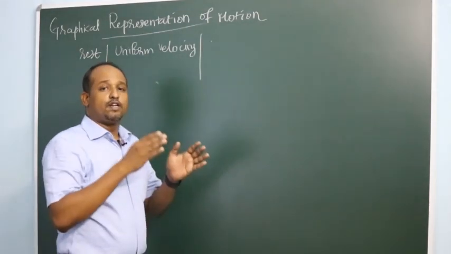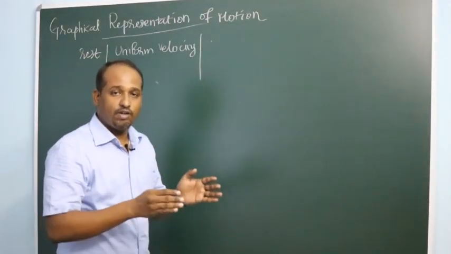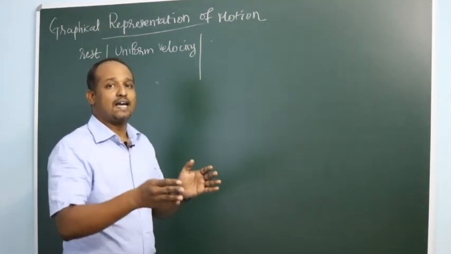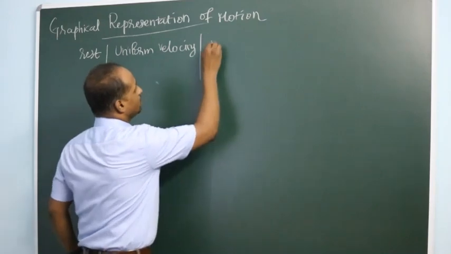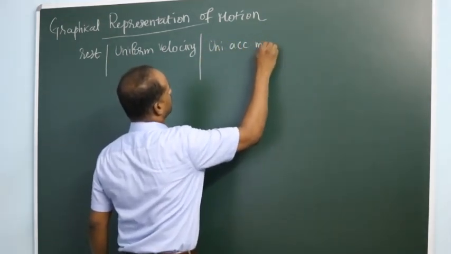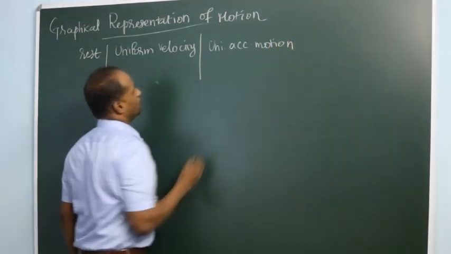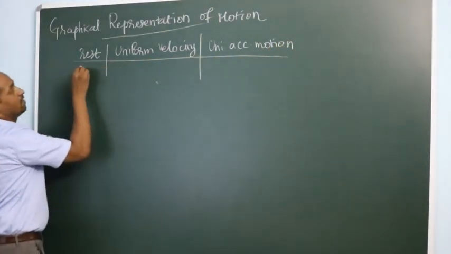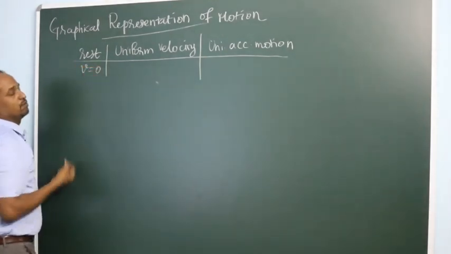That means non-uniform motion. In non-uniform motion, we are going to talk about only uniformly accelerated motion. So in rest, when an object is at rest, velocity is simply 0, not moving at all.